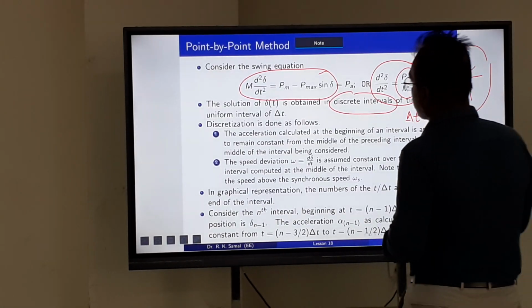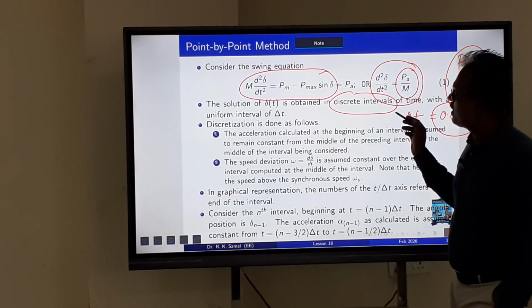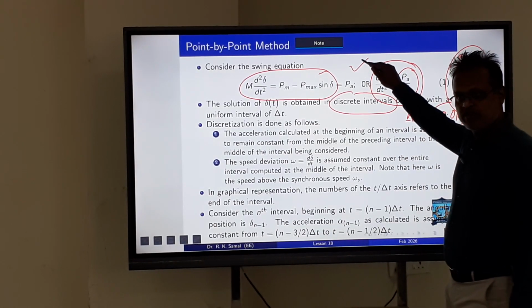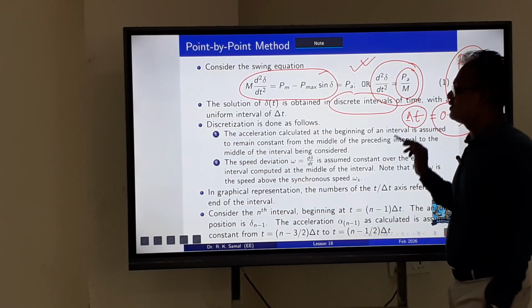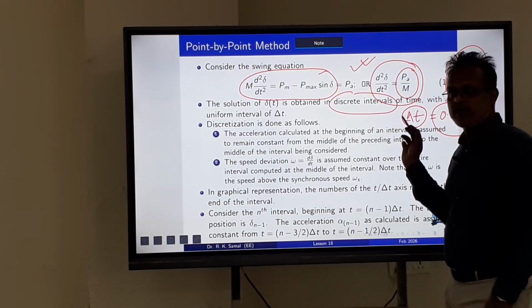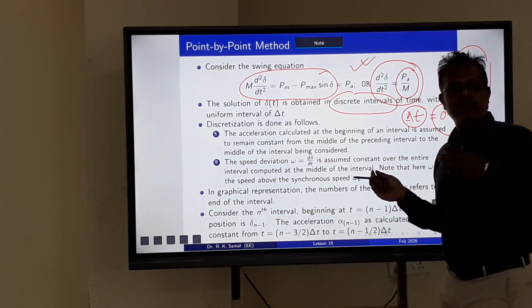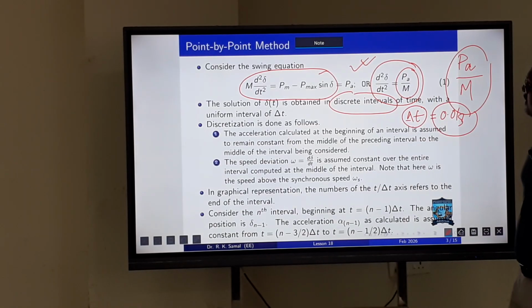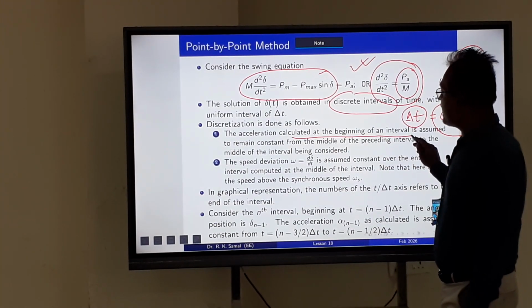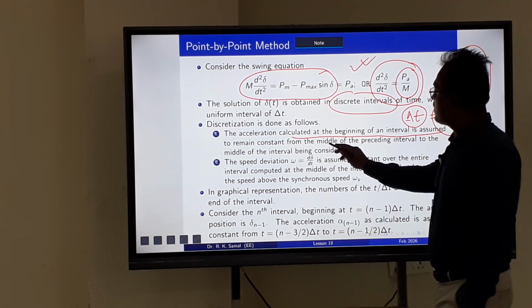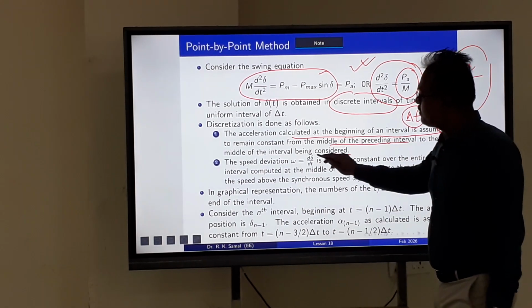When you write the answer to this question, you first write the swing equation. Then you write that for small intervals the power is not constant, therefore we separate it into several discrete intervals. The acceleration is calculated at the beginning of an interval and is assumed constant from the middle of the preceding interval to the middle of the current interval.